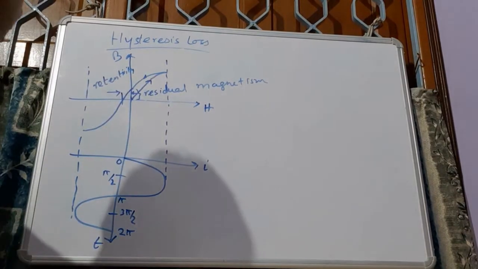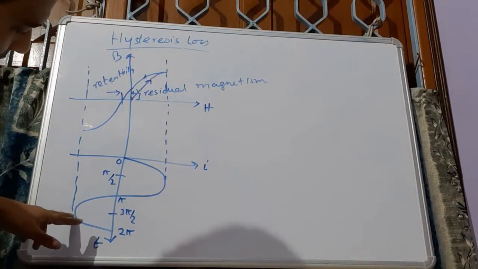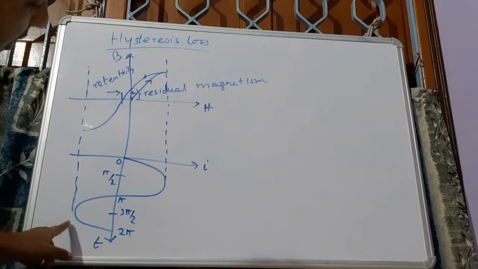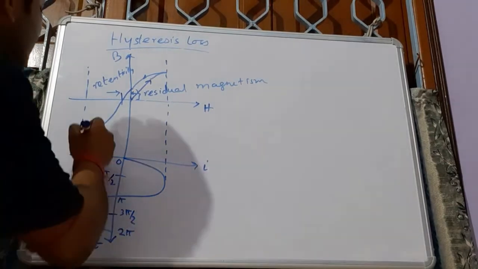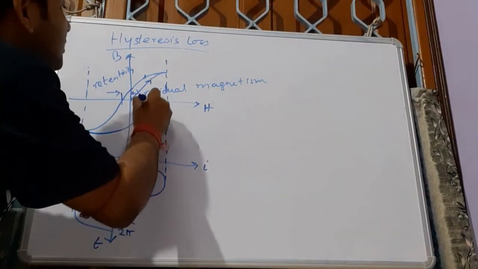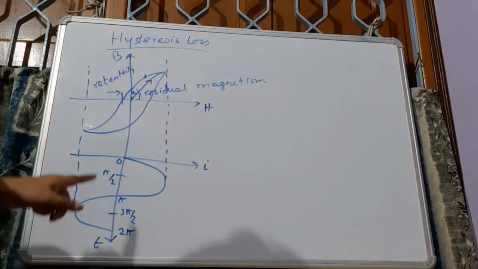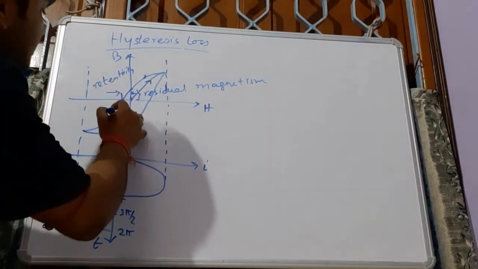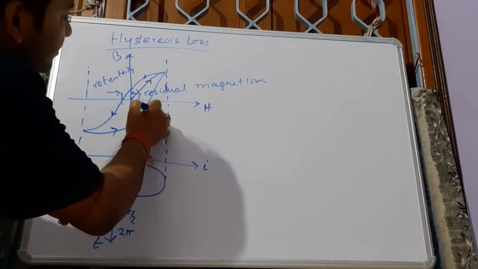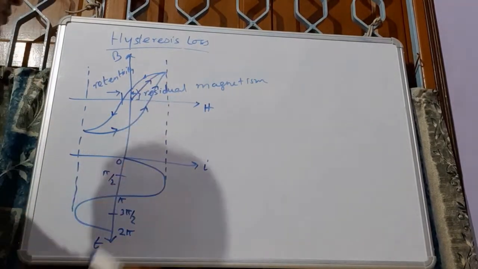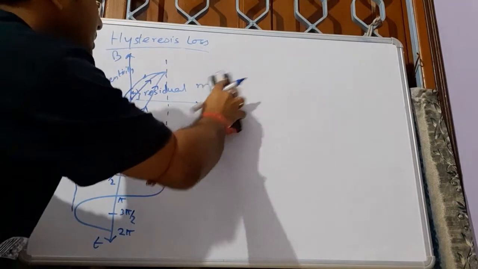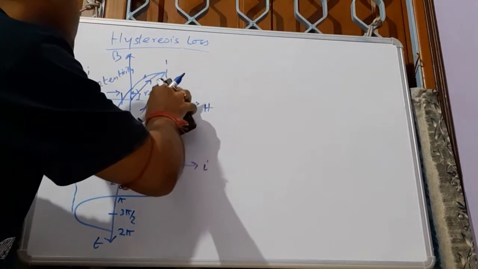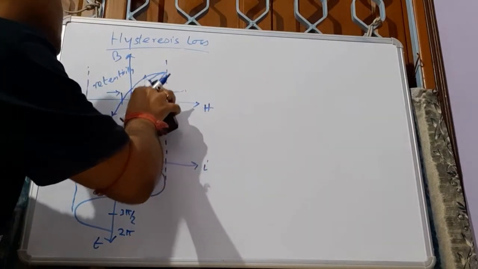And when the current rises again in the positive direction, this completes the path. So this loop is called the hysteresis loop, right? Okay, let me erase this for better visualization.